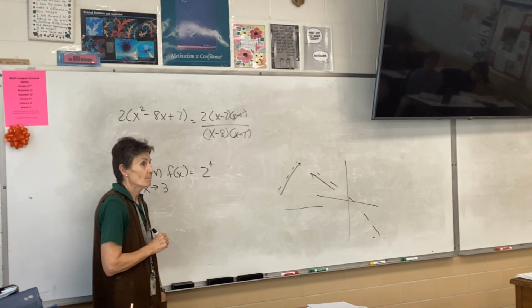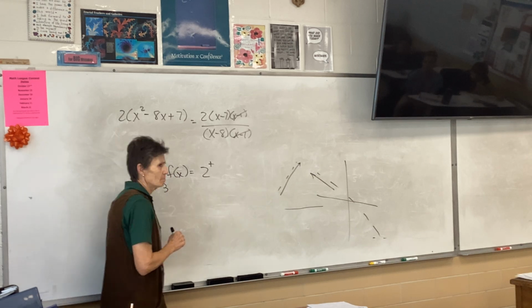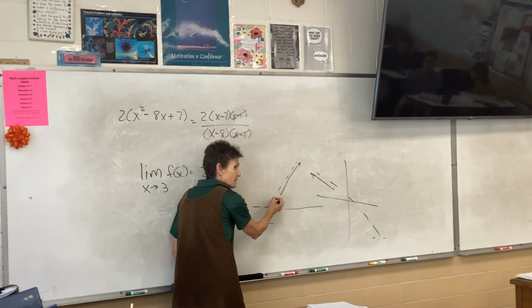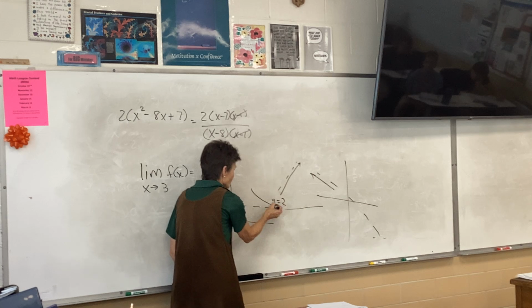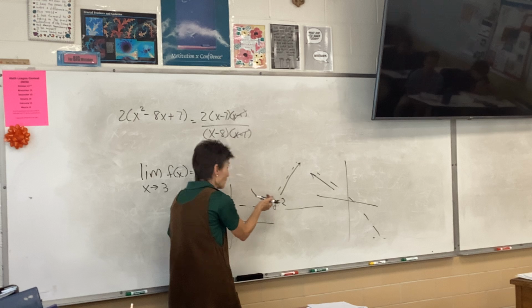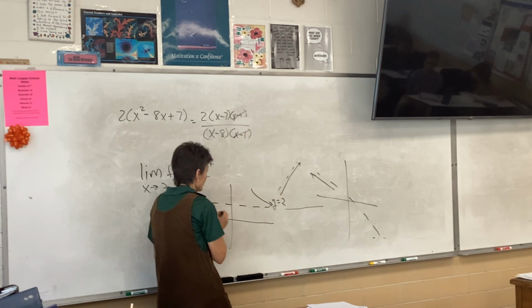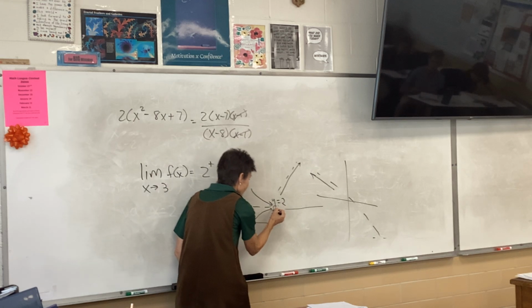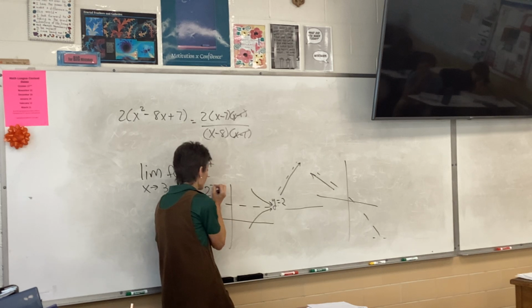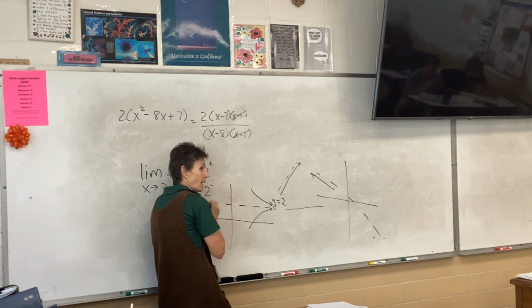But how do you know which one's which? Here's 2, y equals 2. If the picture looks like this, it's coming in from the top, so that would be that. If it looks like this, it's coming in from the bottom, so that would look like that. That means top and bottom. It's not positive and negative, it means top and bottom.